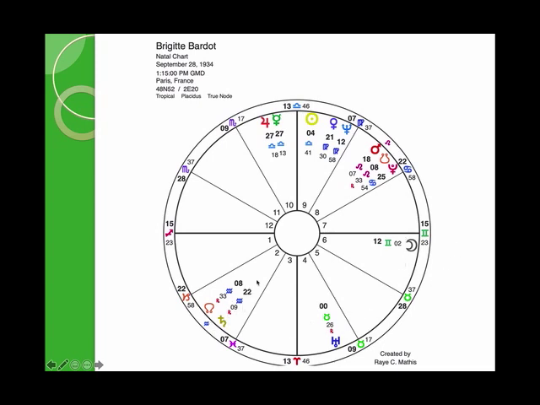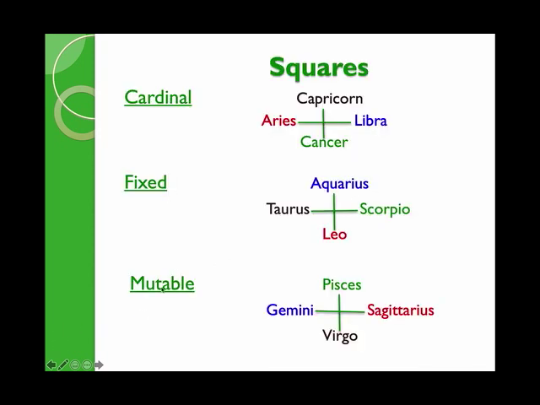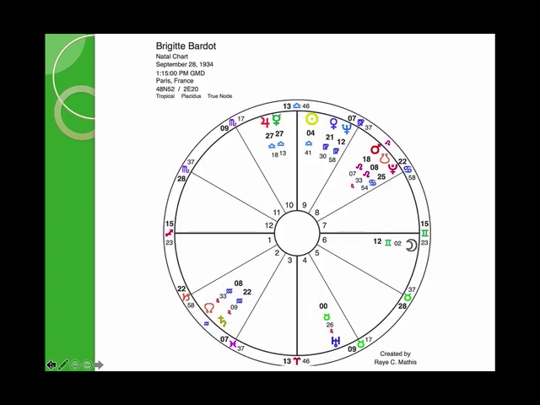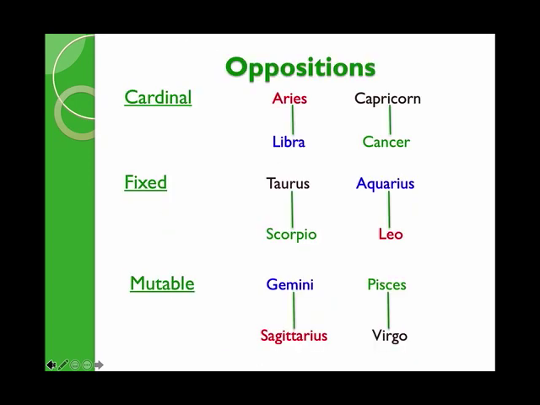Let's look at Saturn first. Saturn is 22 degrees Aquarius, and if you go back, let me see if I don't mess this up. There we go. Here's Aquarius, and so the opposite sign of Aquarius is Leo.